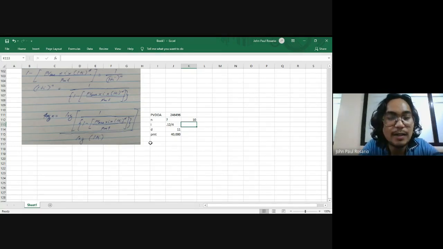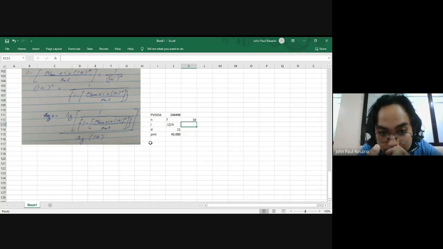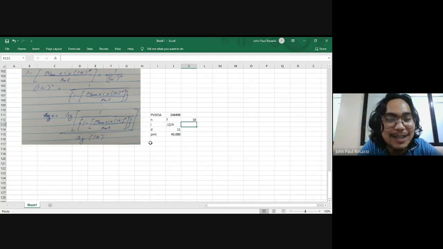Answer, you'll get 0.252559. Then 1 minus the answer, equal sign. Then 1 divided by the answer, equal sign.